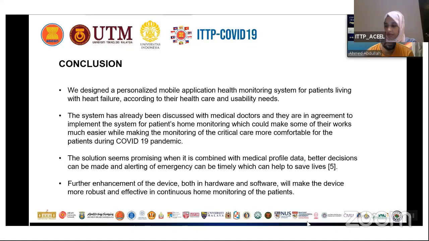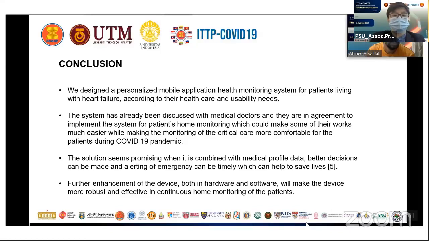Then, the system has already been discussed with medical doctors and they are in agreement to implement the system for patients' home monitoring, which could make some of their work much easier while making the monitoring of the critical care more comfortable for the patients during the COVID-19 pandemic.